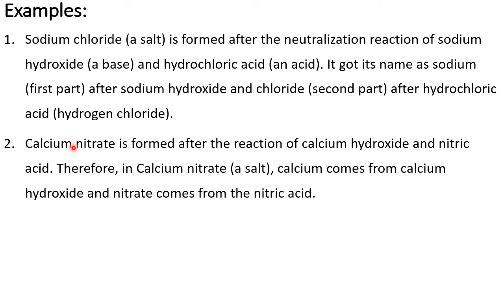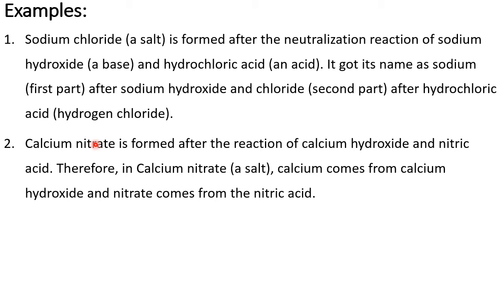Now tell me, calcium nitrate is the name of the salt. How has it come? The calcium part has come from the base, calcium hydroxide. Nitrate, this part has come from the acid. Nitrate means NO3. So NO3 is a part of which acid? HNO3, nitric acid.